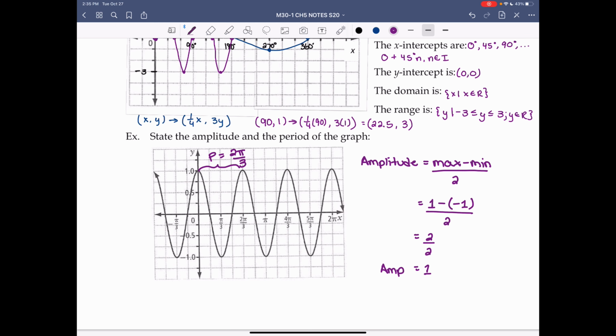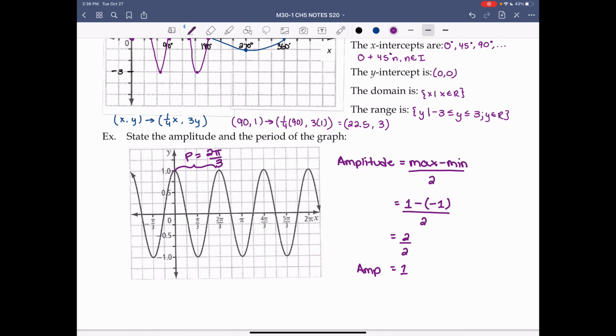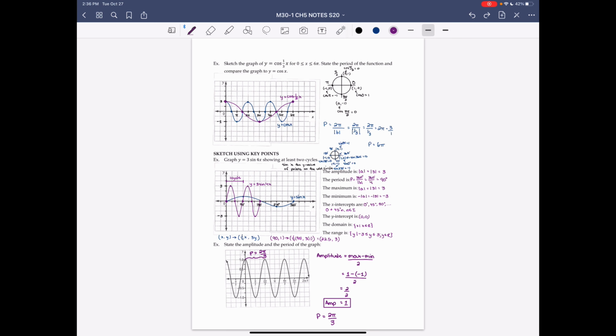If you can't start at 0, you may have to do some adding or subtracting to find your period. But for this one, we have p equals 2 pi over 3. Amplitude of 1, period of 2 pi over 3. That brings us to the end of Chapter 5, Lesson 1.